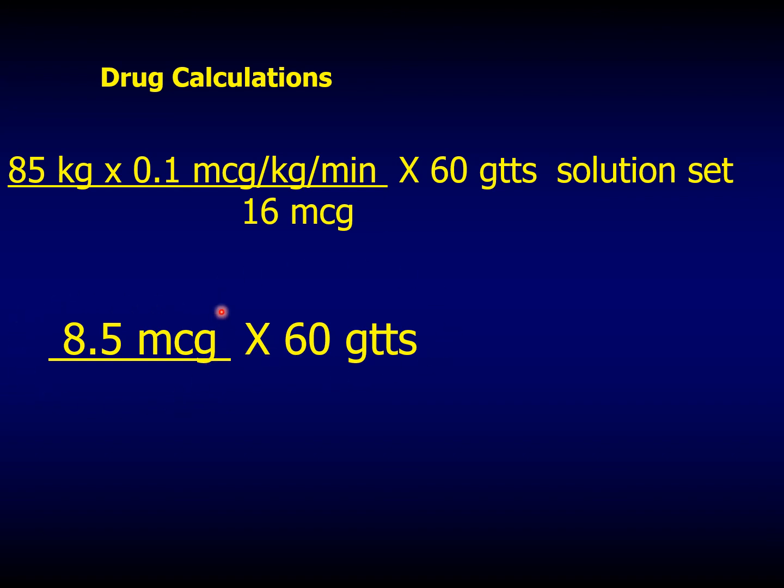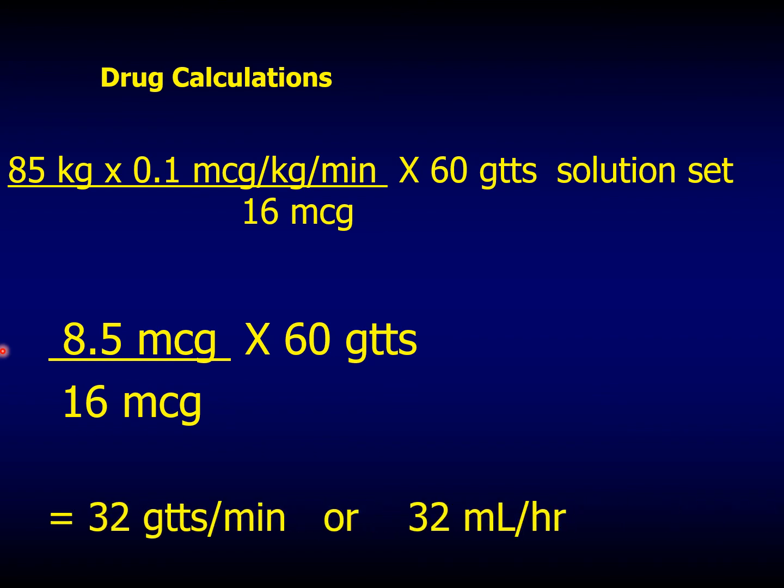So every minute that goes by, we want him to get 8.5 micrograms. So we multiply that by our 60 drop set. Sorry, that wasn't quite finished there. So 32 drops per minute, or if we were programming an infusion pump, 32 mLs per hour.